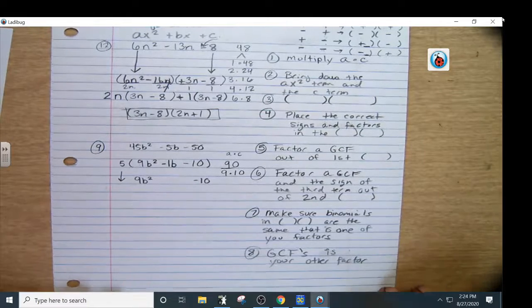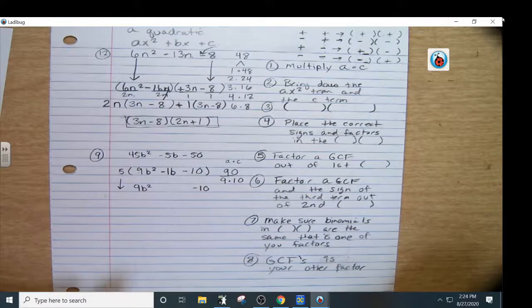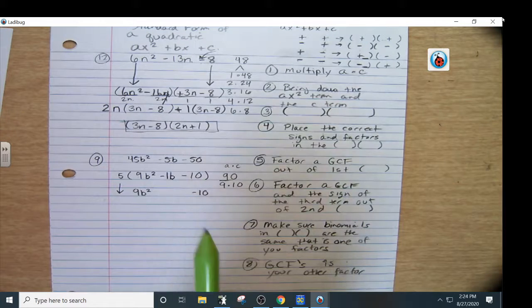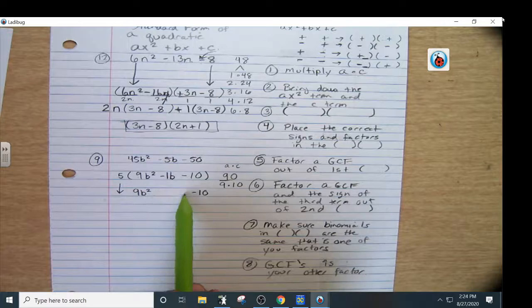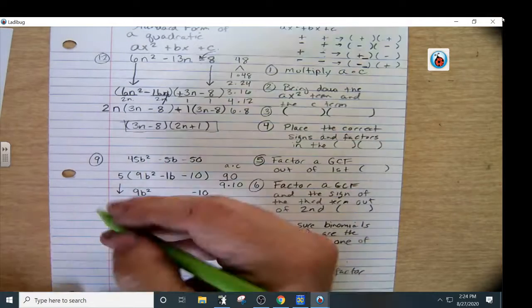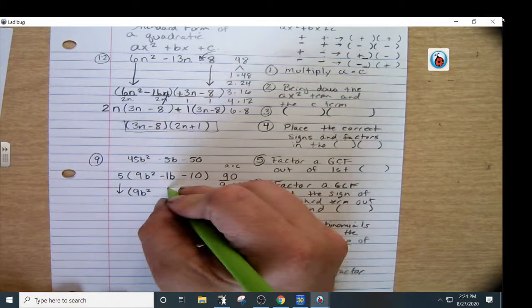Now, guys, going off the rules that I gave you earlier, what are going to be my two signs in these factors? They're at the top of the paper. Negative, positive. All right, so now we're going to make two parentheses.